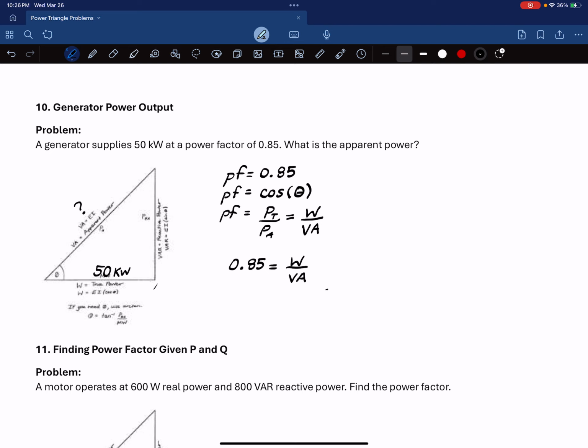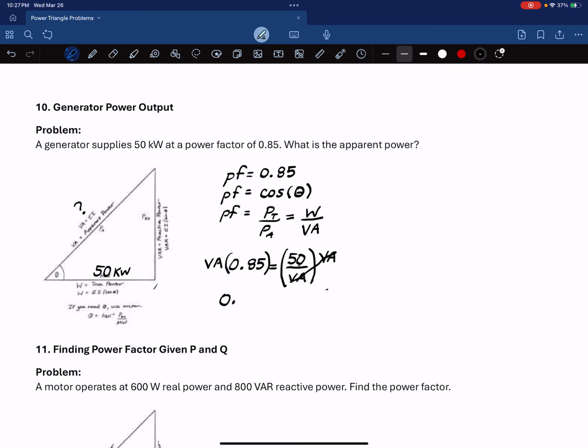I do know a value for W, so I'm going to take out that W and put in 50 in its place. And then I can solve this equation. VA is going to get multiplied by both sides. Cancel this.